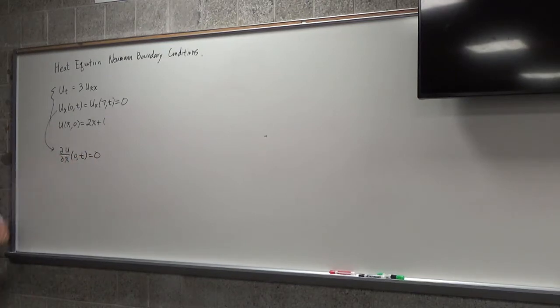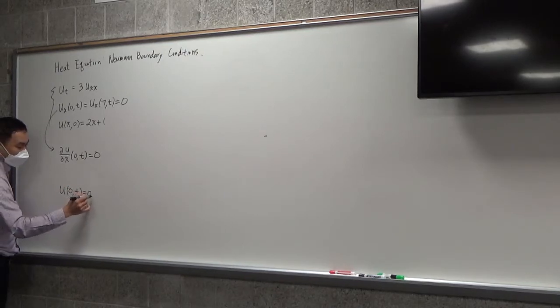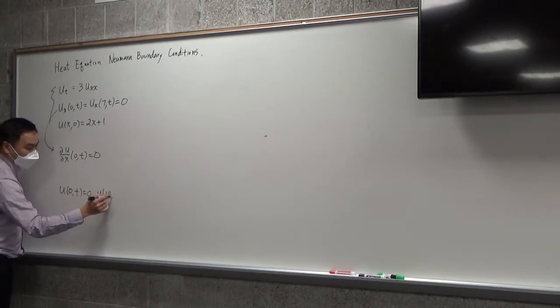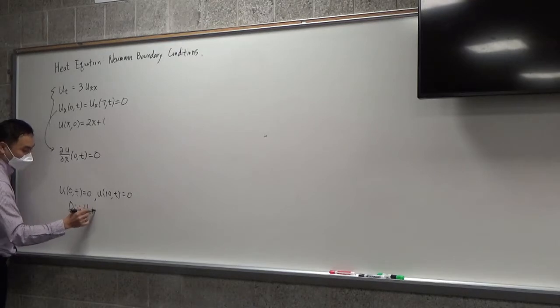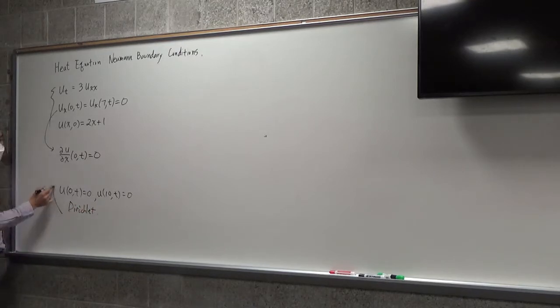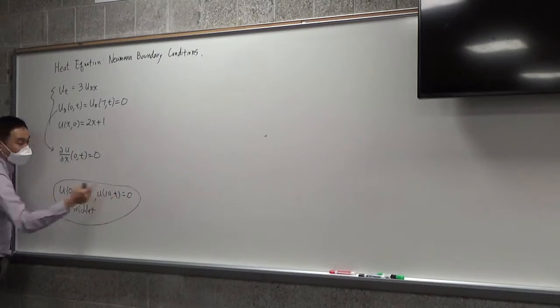And such a condition is called a Neumann boundary condition. The previous condition I had, u(0,t) equals 0 and u(10,t) equals 0, these are called Dirichlet boundary conditions.